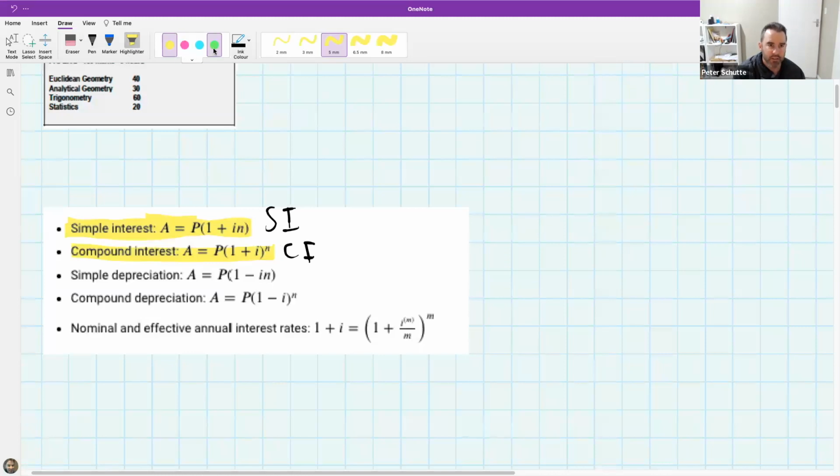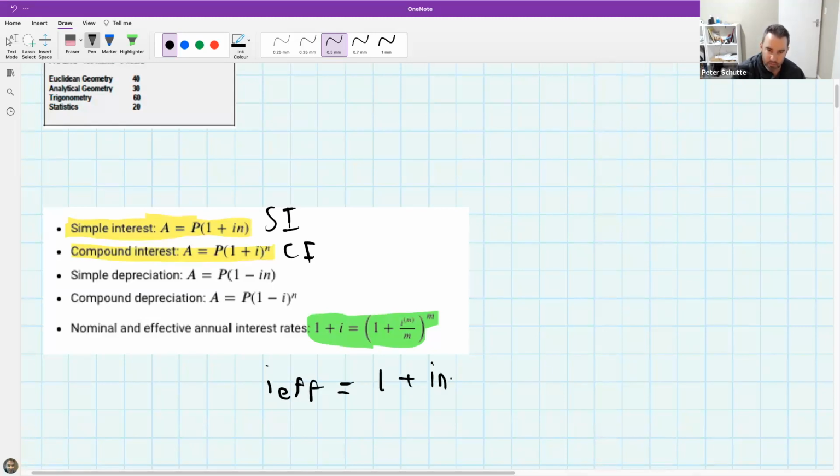We've also covered something called nominal and effective interest rates, although I don't normally write the formula out like that. What I did in the last lesson was I wrote it out like this. It's the same thing, where the effective interest rate is over here and the nominal interest rate is over here.